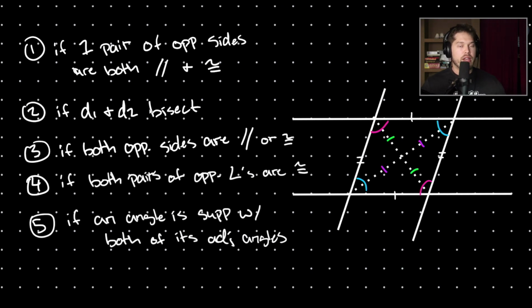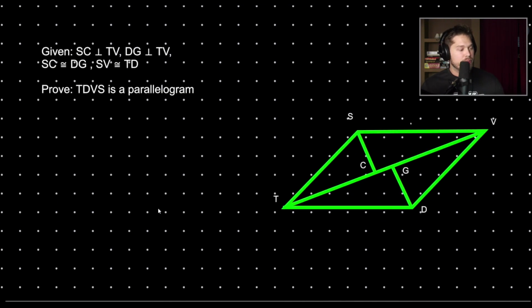All right, so if you run into any of these features, then you can determine that your shape is a parallelogram. So with that, let's get to the proofs.